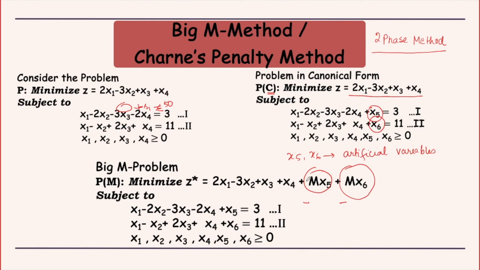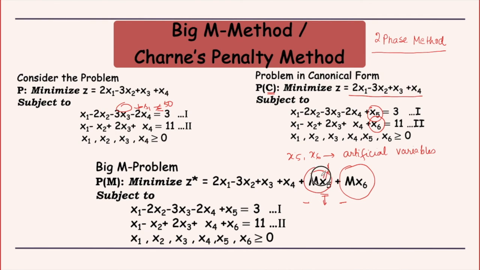That is the reason, and that is why it is also called the penalty method. Suppose x5 is assuming some non-zero value, say 1, at any stage. Then my objective function, which is z star in this case, will be increased by M units. So automatically simplex will try to drive x5 out of the system.